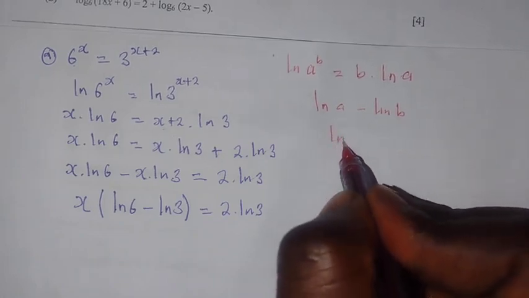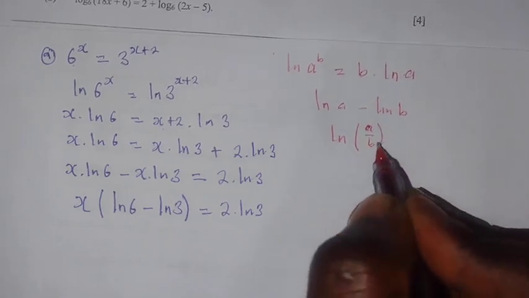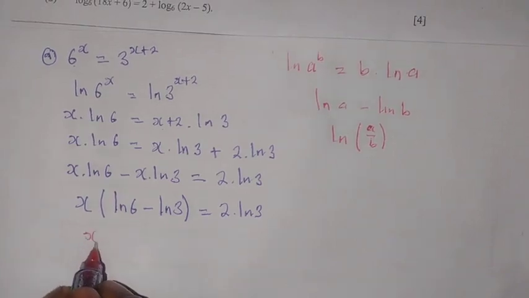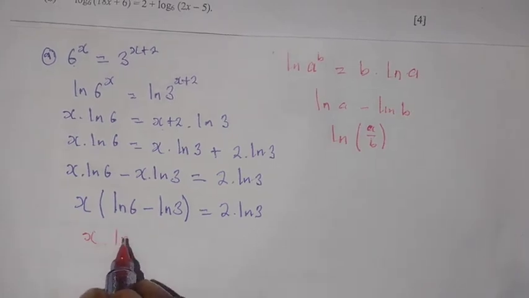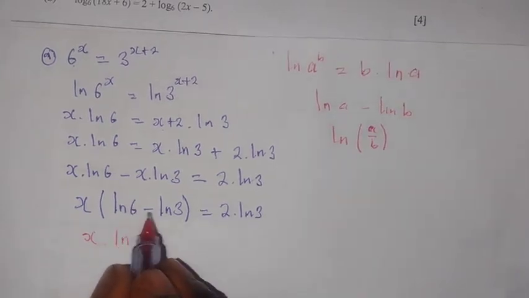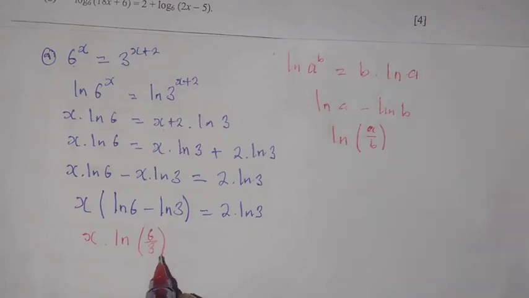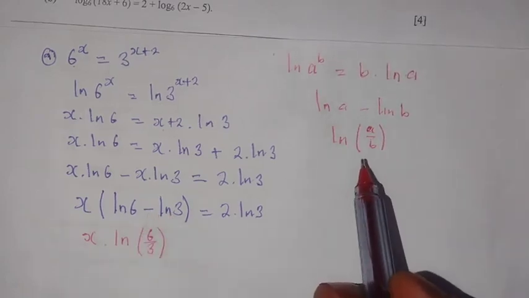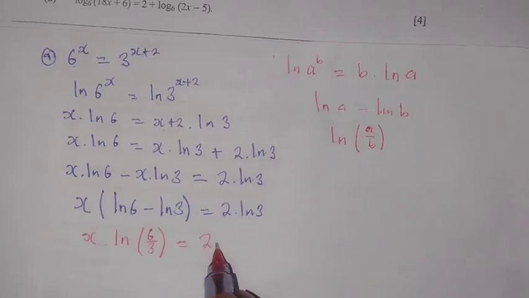We can write ln, open bracket, a over b. So we are going to write x times ln of 6 divided by 3. We write it in quotient form because of the minus here, according to this property of logarithms. Then is equal to 2 times ln of 3.